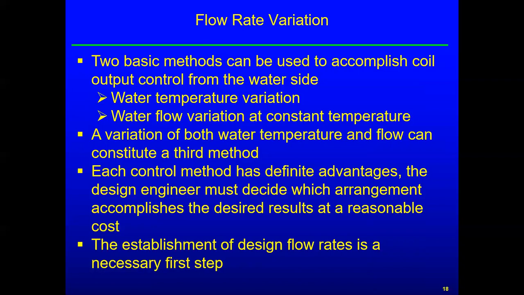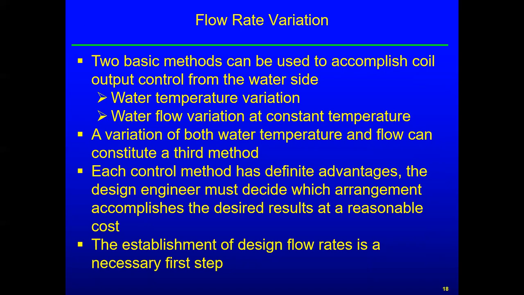It is much simpler, as we'll see, and cheaper to just pick a water temperature and then vary the flow rate. Just a simple valve can throttle back and forth and adjust the water flow in order to adjust the capacity on the coil. And it's possible to design a system that would incorporate both of those, even though the expense would probably be considerable.